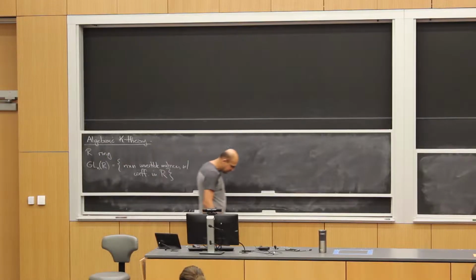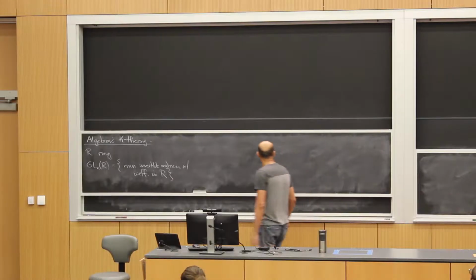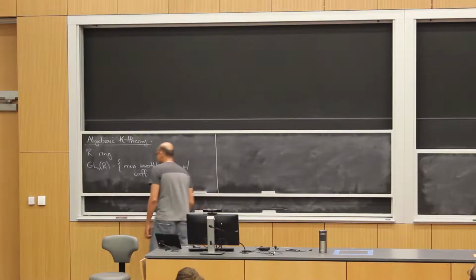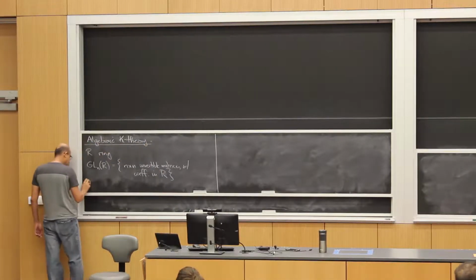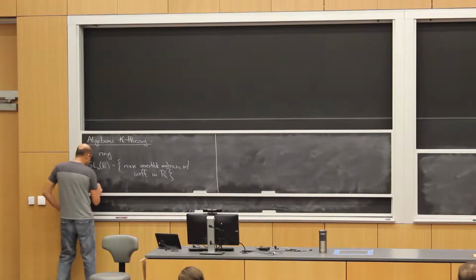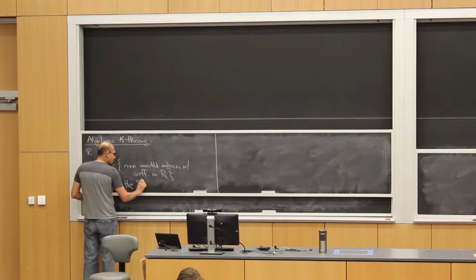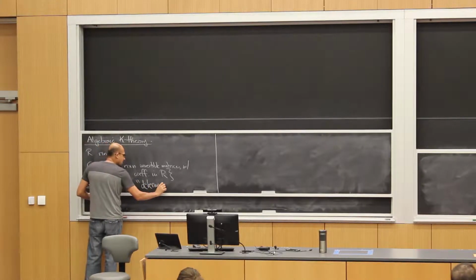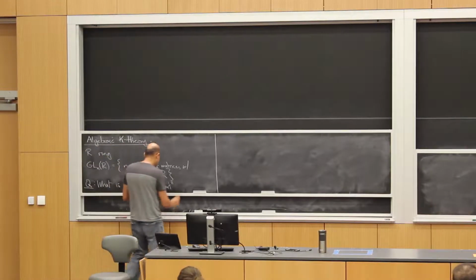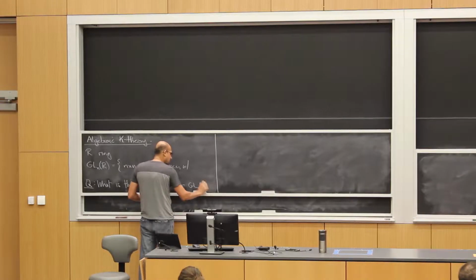From the classical theory, we know that a useful tool for studying matrices is the determinant. So the first question is, what is the appropriate analog of the determinant in this setting of general rings for GL_n(R)?